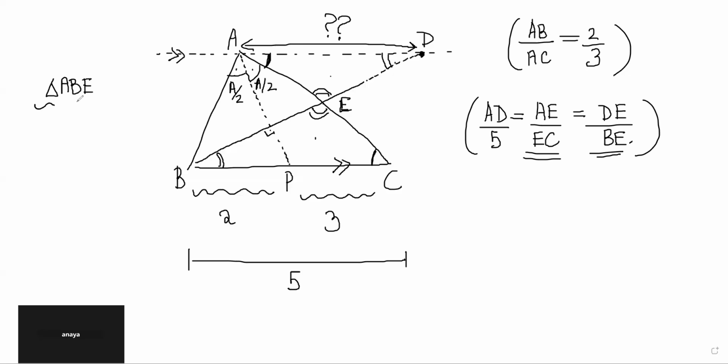In triangle ABE, this line is the bisector and it is also perpendicular, right? Angle bisector is perpendicular, so this is basically an isosceles triangle.